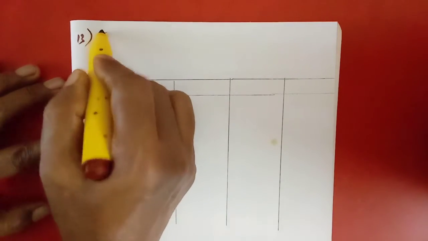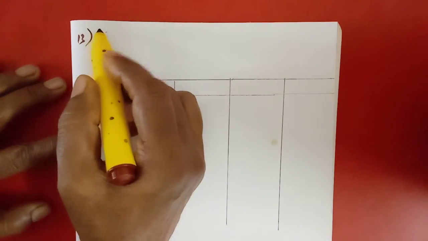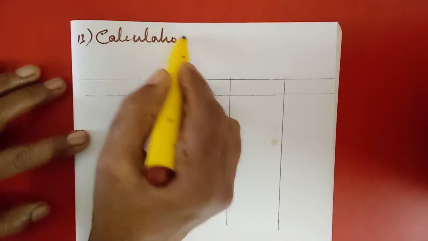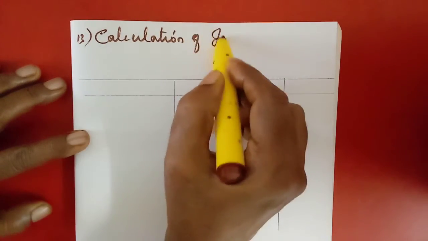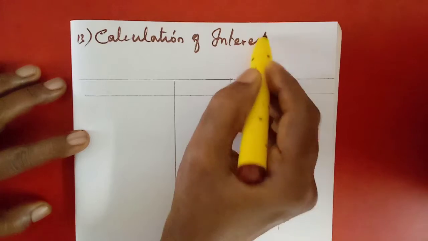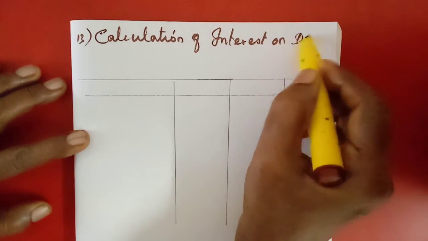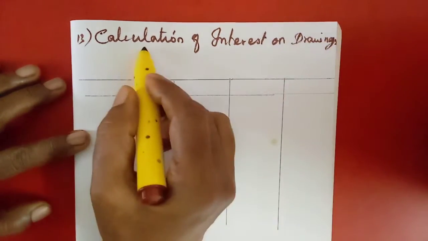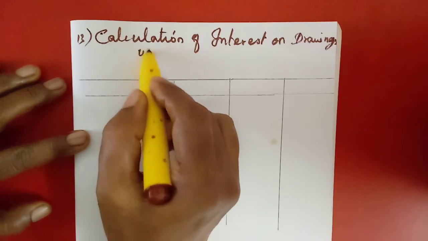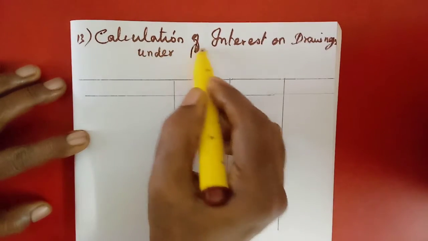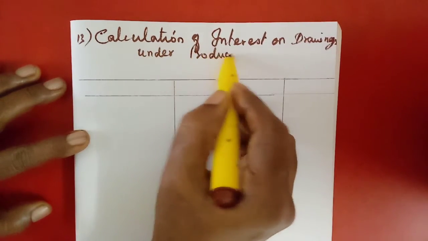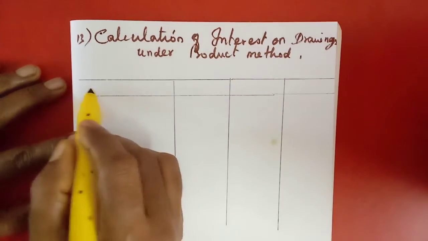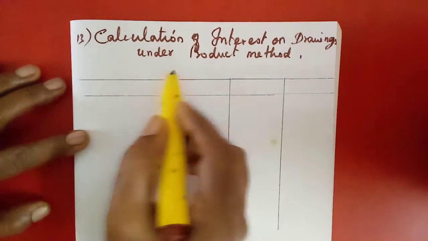Once again I will explain. Calculation of interest on drawings under the product method. We will check whether we get the same interest on drawings or a different one.